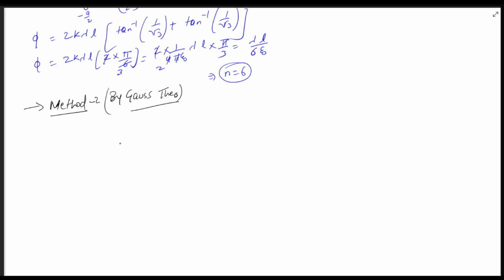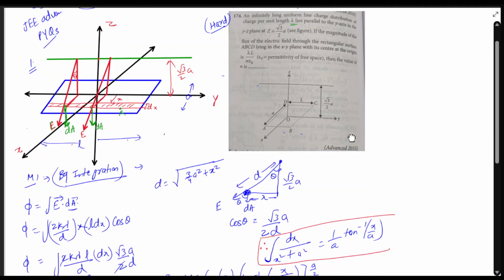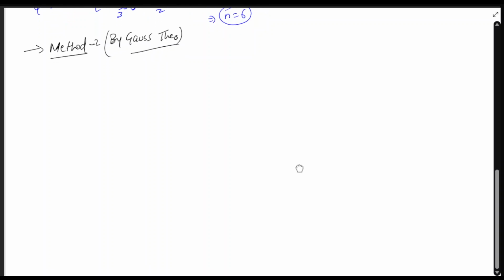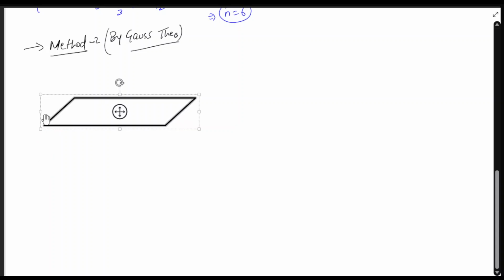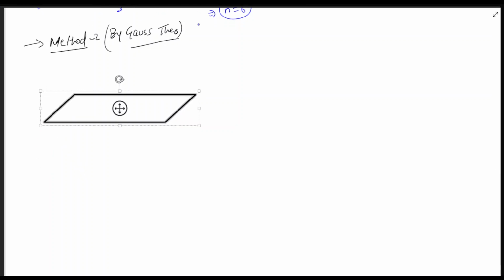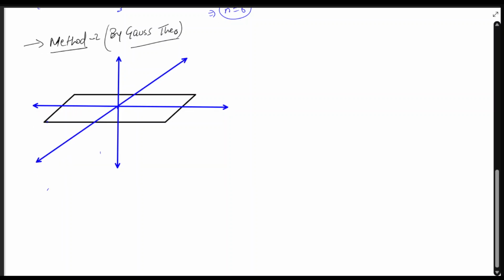Okay, so Gauss law. Let's start. I have to make the diagram again. So this was our plane. Let's say this was our center. This is our one axis, this is our second axis, and this is our third axis, right?